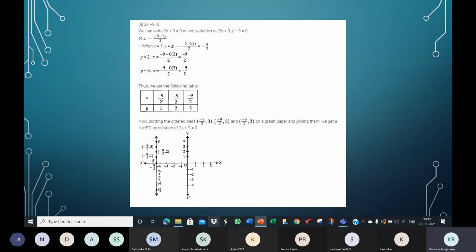So this is minus 4.5 comma 1, minus 4.5 comma 2, minus 4.5 comma 3. You can see the x-axis here, the y-axis here, and the points are plotted. Minus 4.5 comma 1, you can see it here.